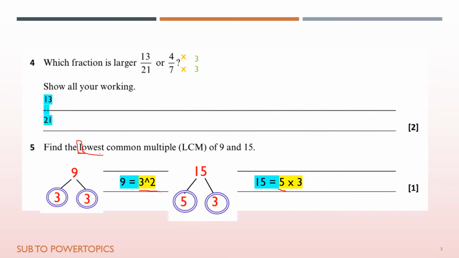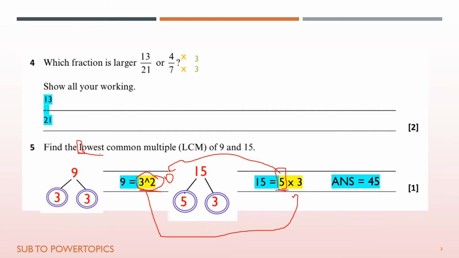Now we can see there are 3 in both sections here, but we take the bigger value, which is 3 to the power of 2, and there's only 5 in this section here and 0.5 in this section, so definitely 5 is bigger than 0. So we multiply 3 to the power of 2 by 5 to give us 45.